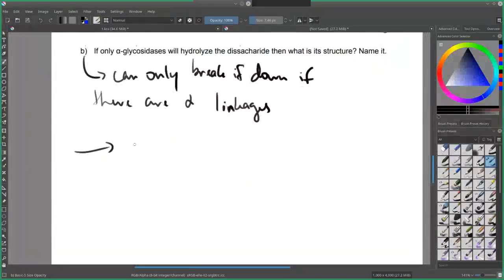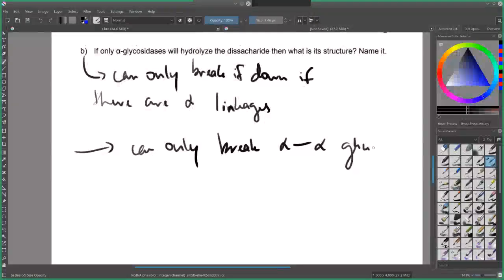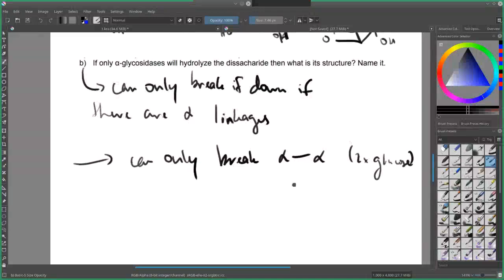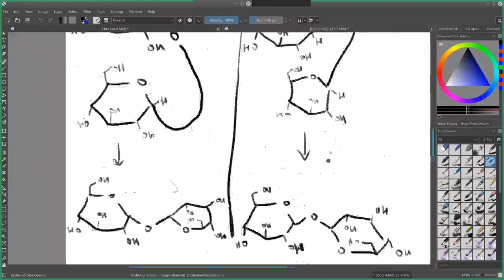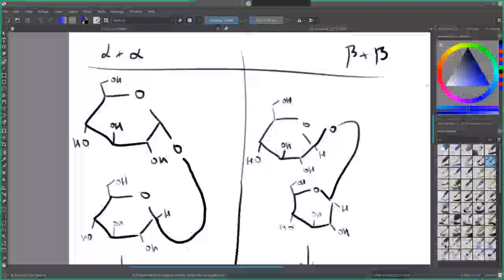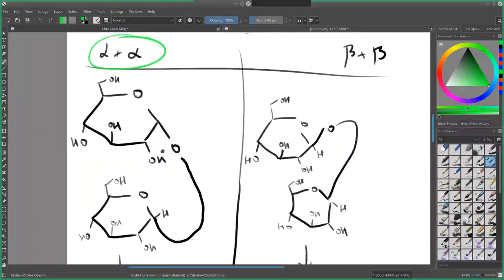So it can only break down the one that has two alphas. Okay, so that means it would be this one up here.